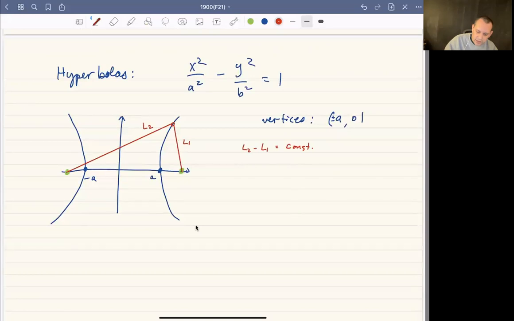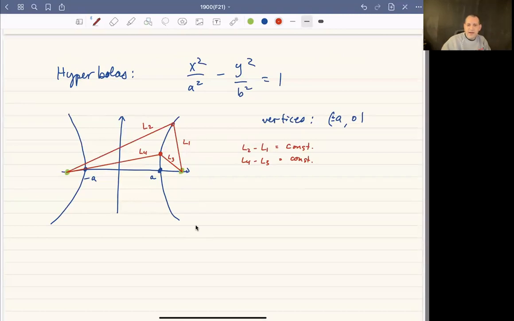And you can do this with any point. So pick another point on the graph, say over here, and compute the distance between the one focus and the other. When you subtract them, let's call these values L3 and L4. If you were to look at L4 minus L3, that's going to be the same constant.